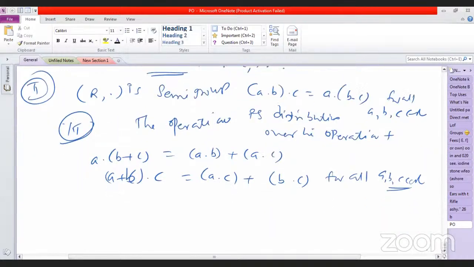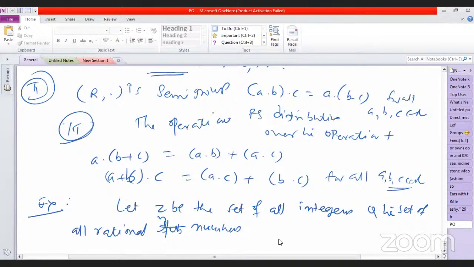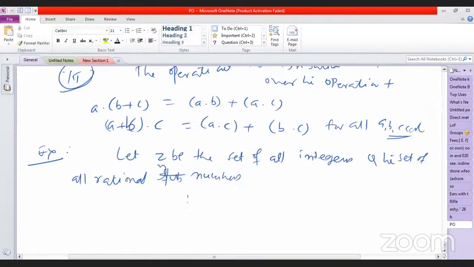Then take an example here: let Z be the set of all integers, Q the set of all rational numbers, or R the set of all real numbers.